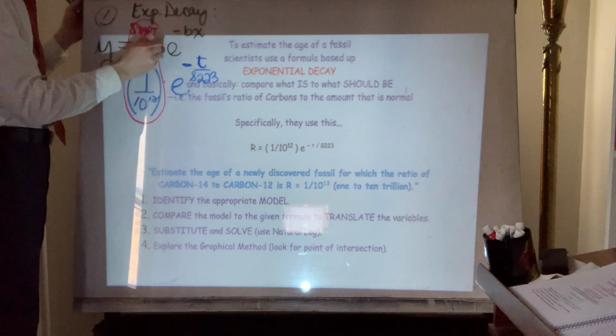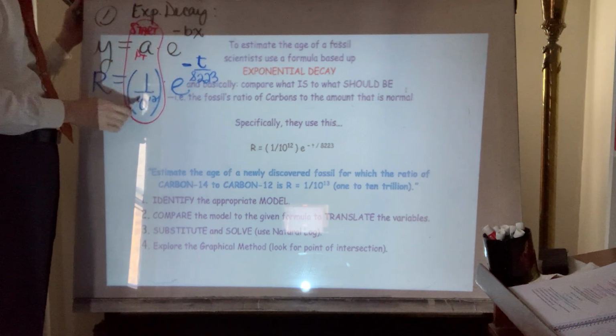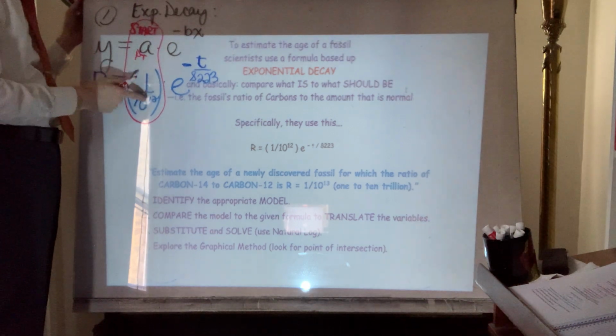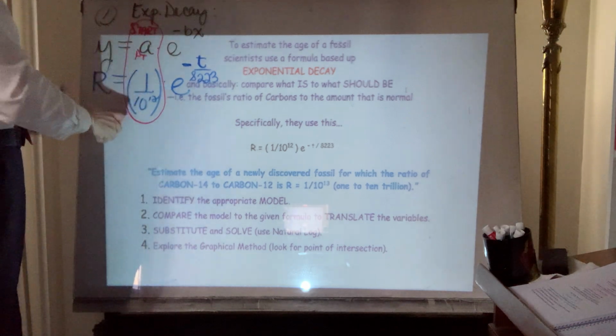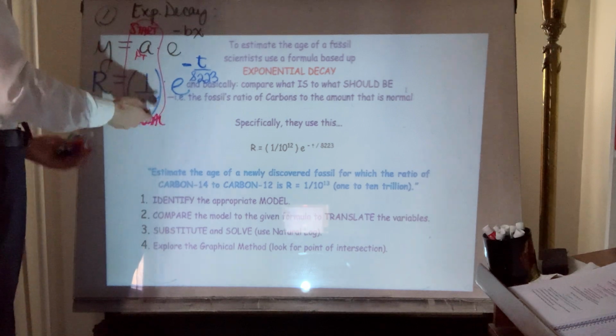What is sitting in that place would be the ratio of 1 carbon-14 to a trillion carbon-12s. That's the normal situation when something is alive.